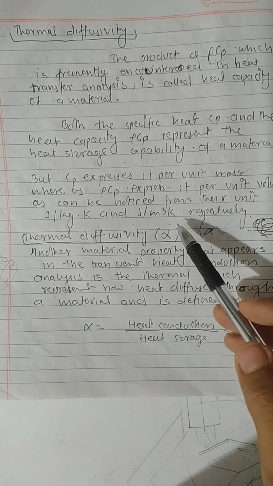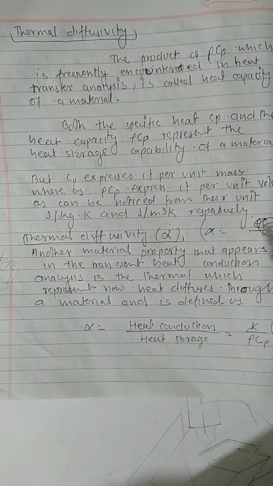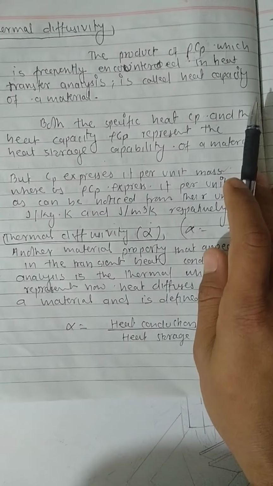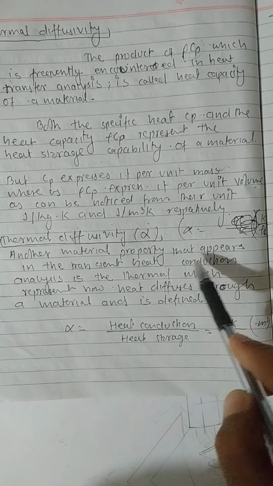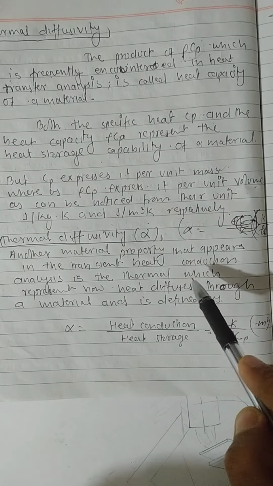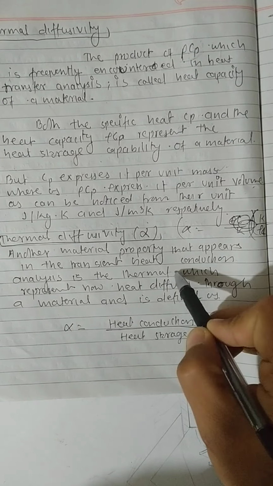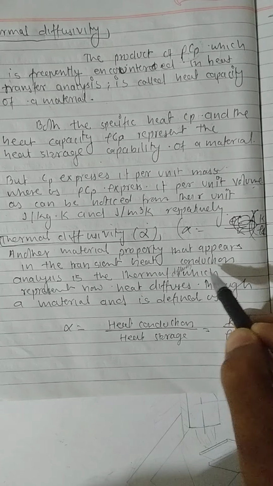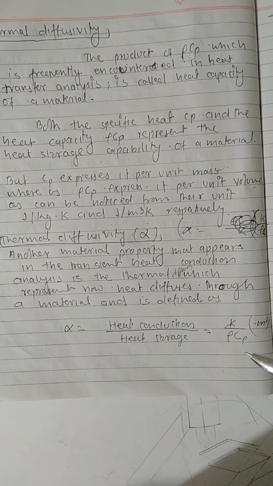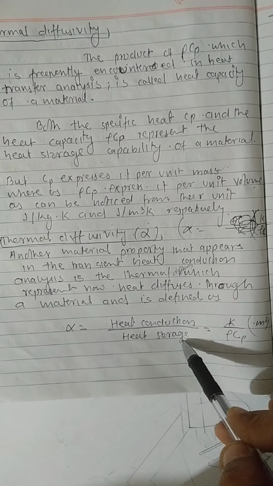Now let's come to the thermal diffusivity, guys. What is thermal diffusivity? It is represented by alpha. Another material property that appears in the transient heat conduction analysis is the thermal diffusivity, which represents how heat diffuses through a material and is defined as alpha equals heat conduction divided by heat storage.